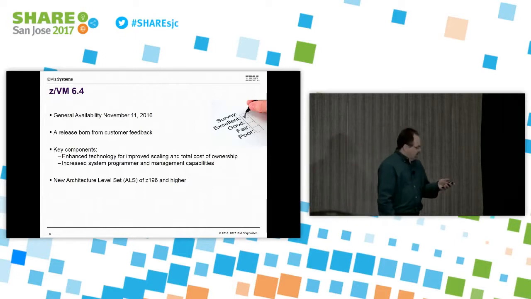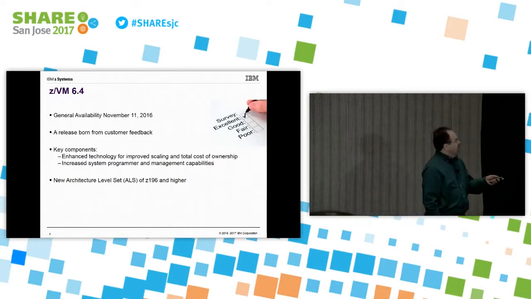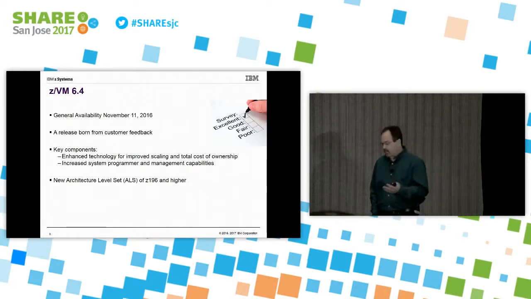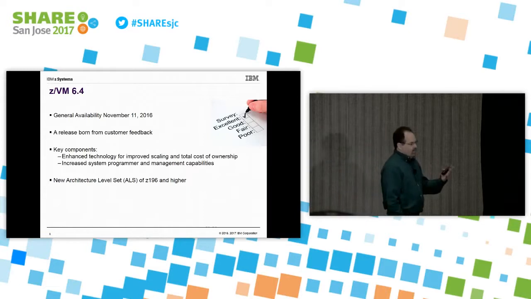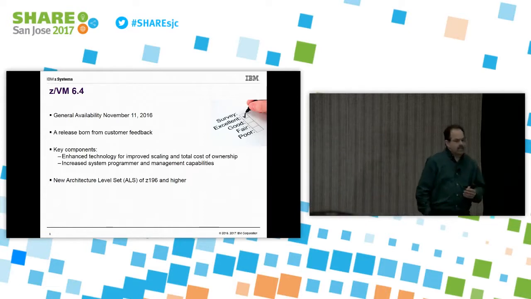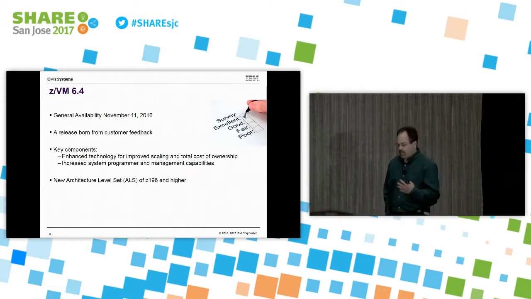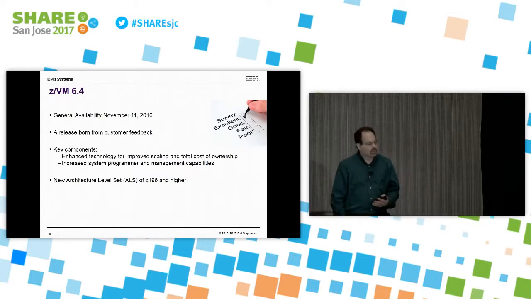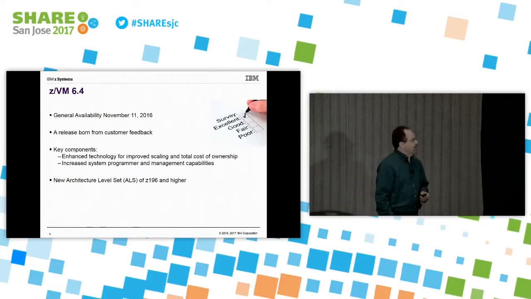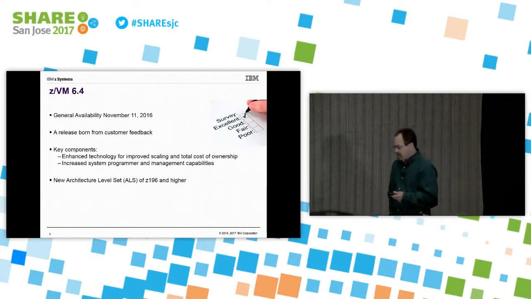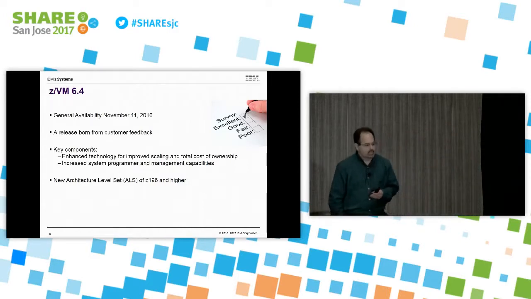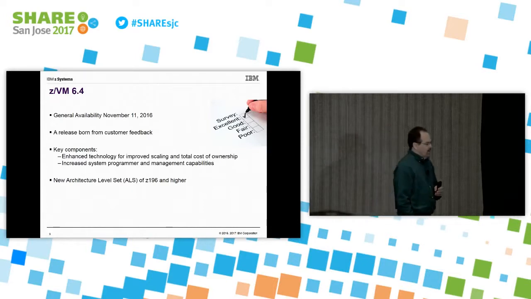And the two key topics or themes of the release, if you would, enhanced technology for scaling and cost of ownership, increased memory, things like that, efficiencies with the increased memory sizes, more disk volumes, things like that, and system program management capabilities. And Bill talked about some of that, and I'll show you some examples of some of that.